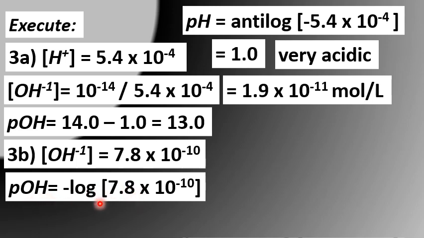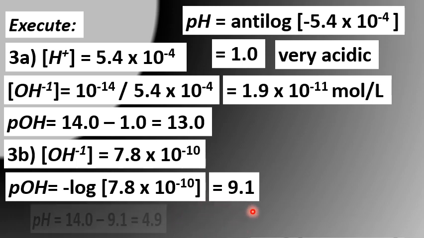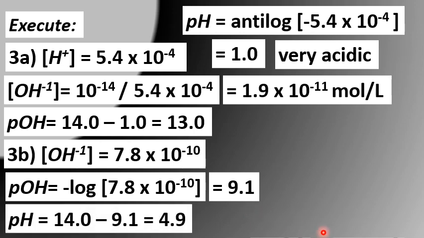We just get the negative of the logarithm of 7.8 times 10 to the negative 10. So using your scientific calculator, we will get the value 9.1 as the pOH. And of course, the pH value is simply 14.0 minus 9.1 or 4.9.